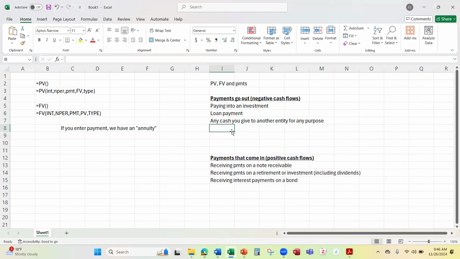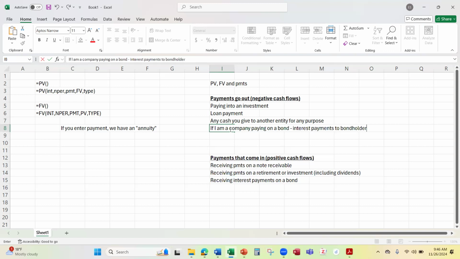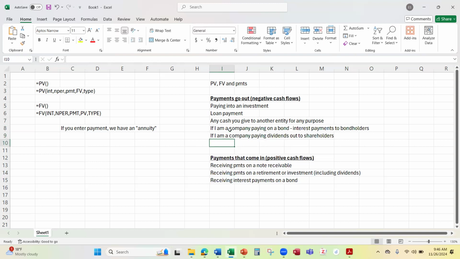So if I am a company paying on a bond, interest payments to bond holders, or I'm a company paying dividends to shareholders, right?